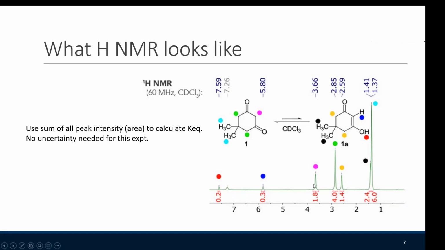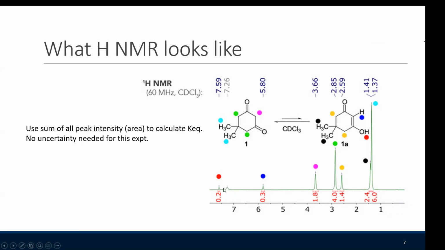Once you have that information, because each peak represents the concentration of that particular hydrogen, then you can add all the keto hydrogen together and add all the enol hydrogen together and take the ratio of that area. Basically, that's the ratio of the concentration. And then you can get the equilibrium constant.